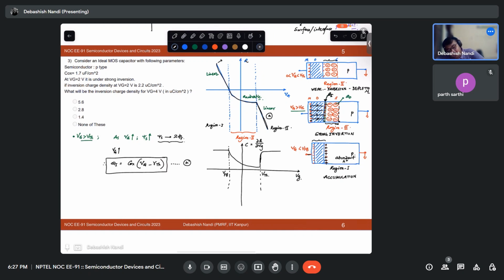So Q would be proportional to, let's say this is your QA, which will be equal to your Cox times Vg minus VAB, something like that. So you see, if you do dQA over dVg, you will have Cox as a slope, a constant slope. So that's how you are getting this value Cox here.